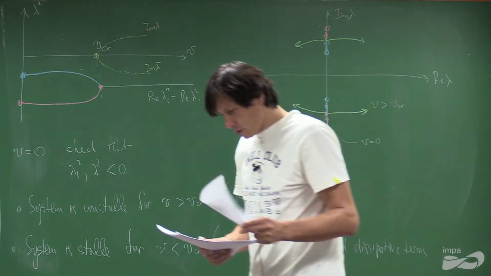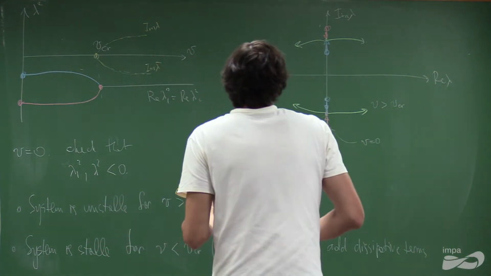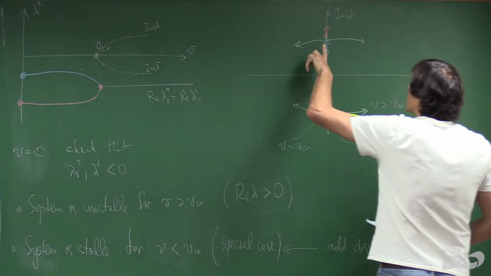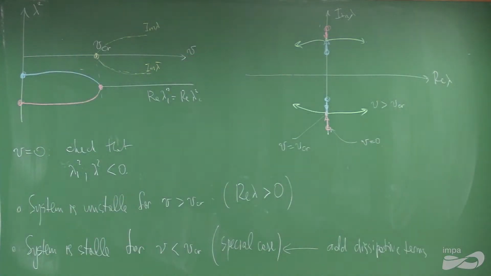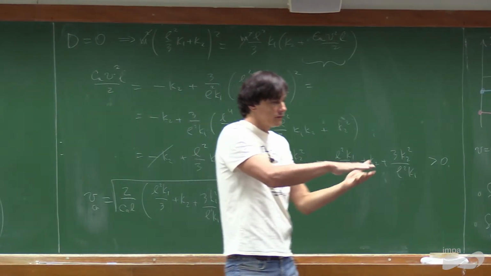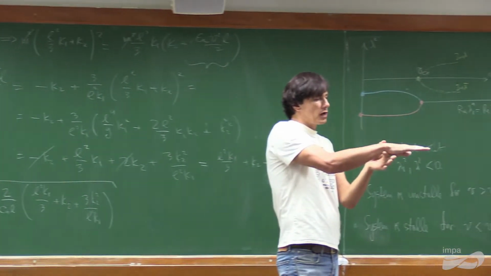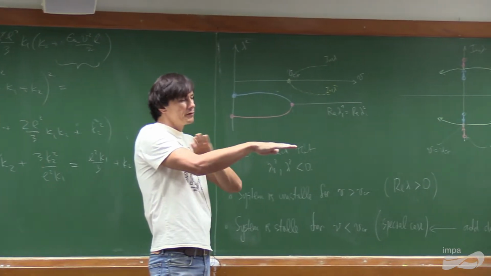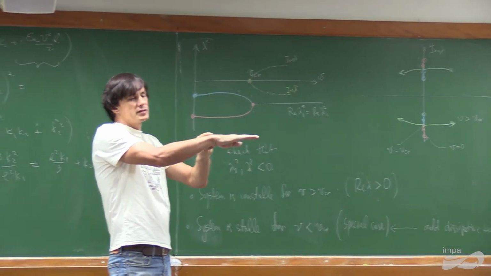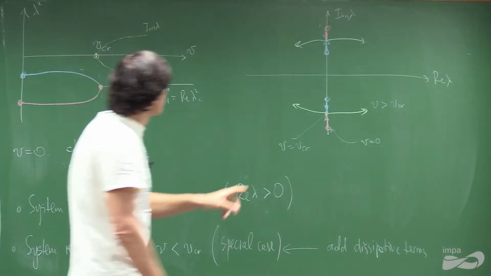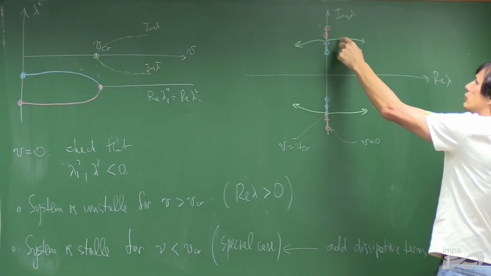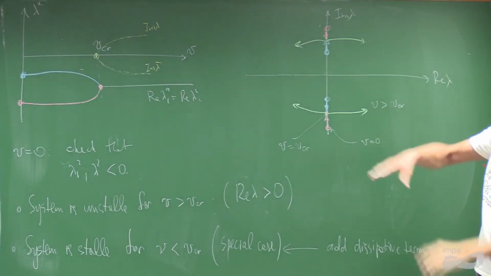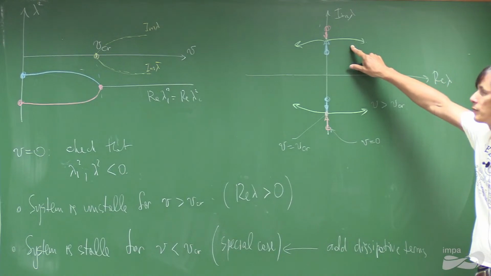So essentially, what happens? So what we see is that if the velocity is not large, the leaf can oscillate, but it oscillates stably. So essentially, if you have some dissipation, it will always come to the stable equilibrium. Even if the wind is blowing, it will remain stable. So whenever velocity reaches this critical value, you will start getting the mode which is exponentially growing. So it becomes unstable.